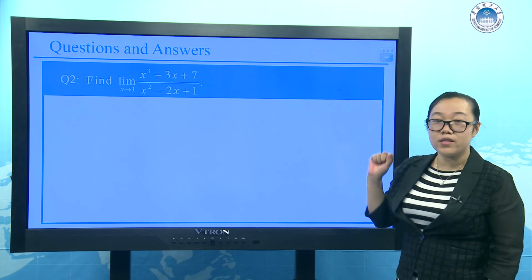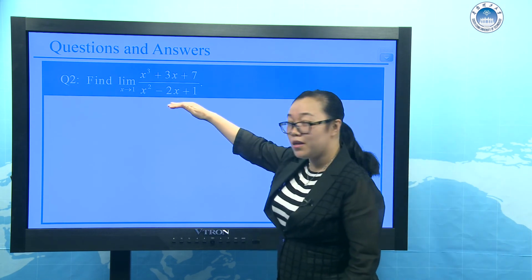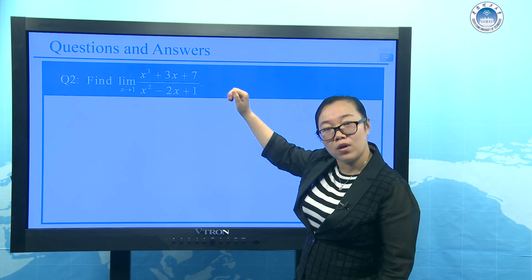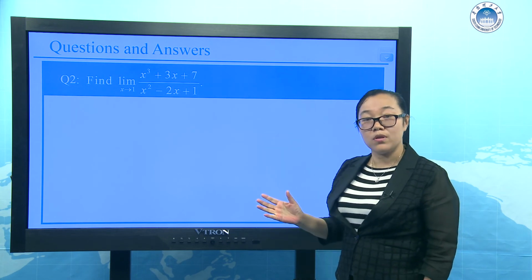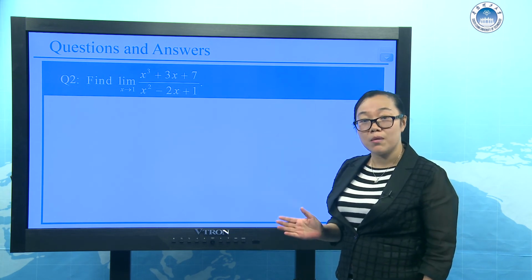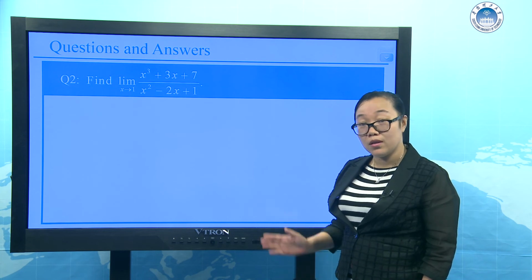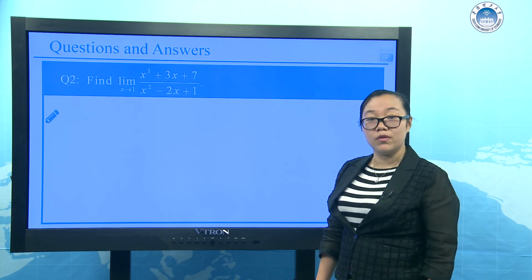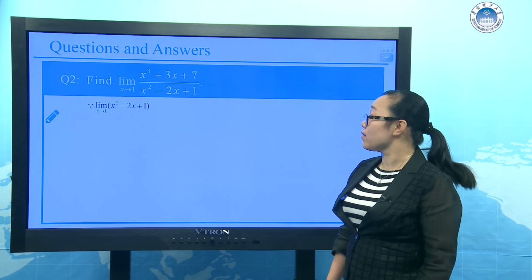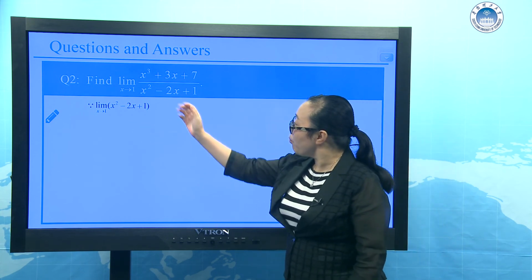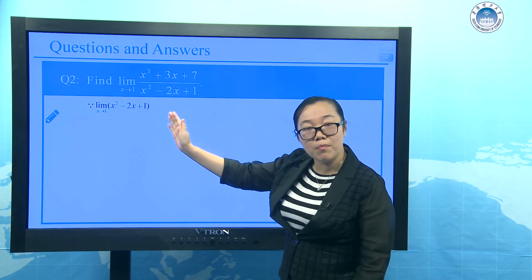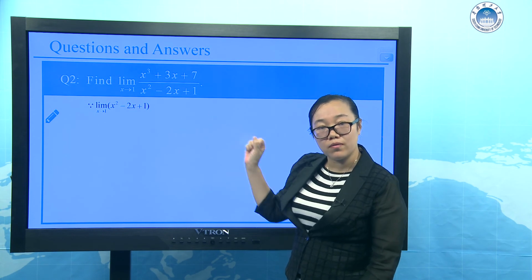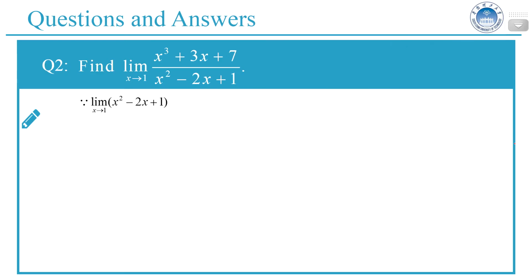Now we look at question 2. Try to find the limit of f(x) over g(x). Do you remember the expressions from example 2 and example 3? In a similar way, we should check whether the limit of g(x) equals 0 or not. So now we check the limit of g(x). As x tends to 1, x squared minus 2x plus 1 equals 1 minus 2 plus 1 equals 0.